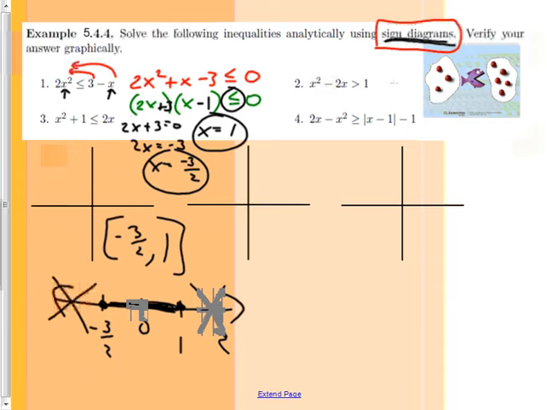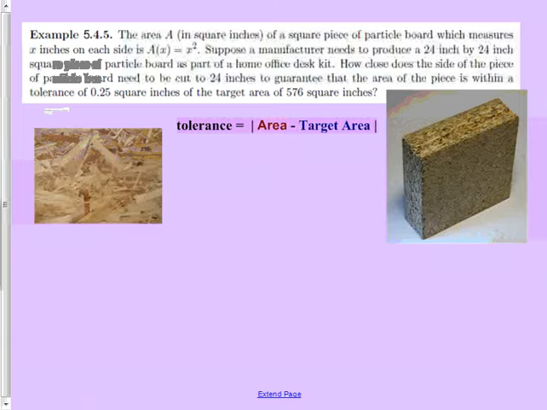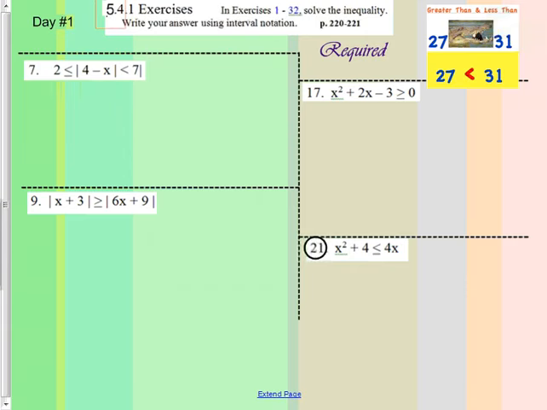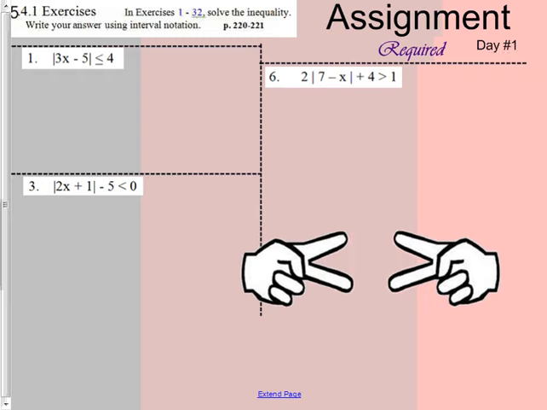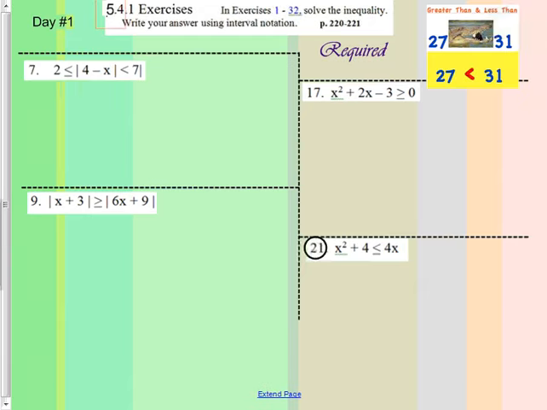All right, your assignment for tonight is to try the following questions. 1 and 6, we're going to skip number 3. 1 and 6. On this page, we're only doing number 21. On this page, I do want you to try all of these.